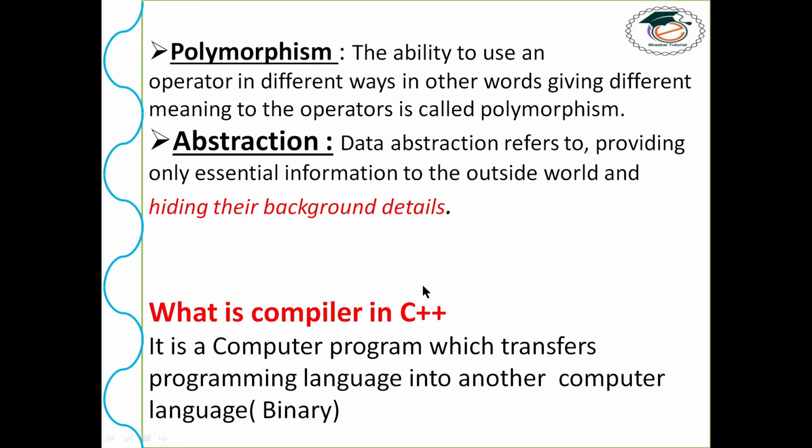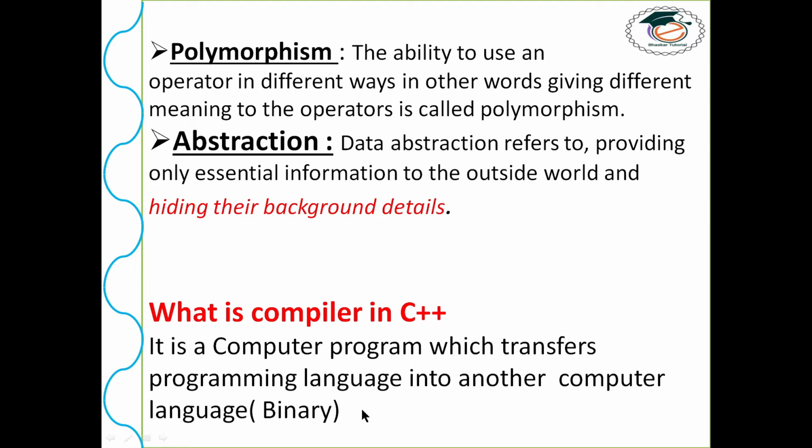So let's see next. Next you see what is a compiler in C++. The main work of a compiler is to transfer programming language into binary language or computer language. That means the compiler helps us to transfer human language into computer language.